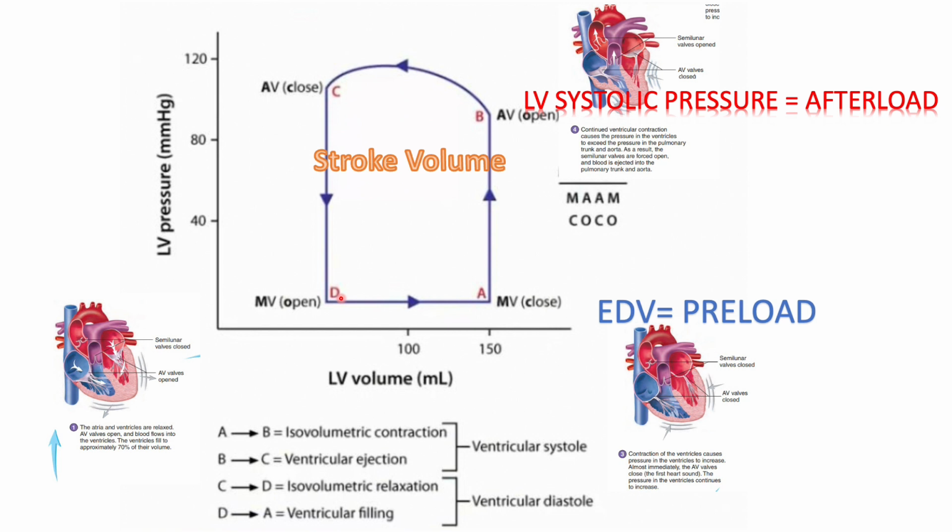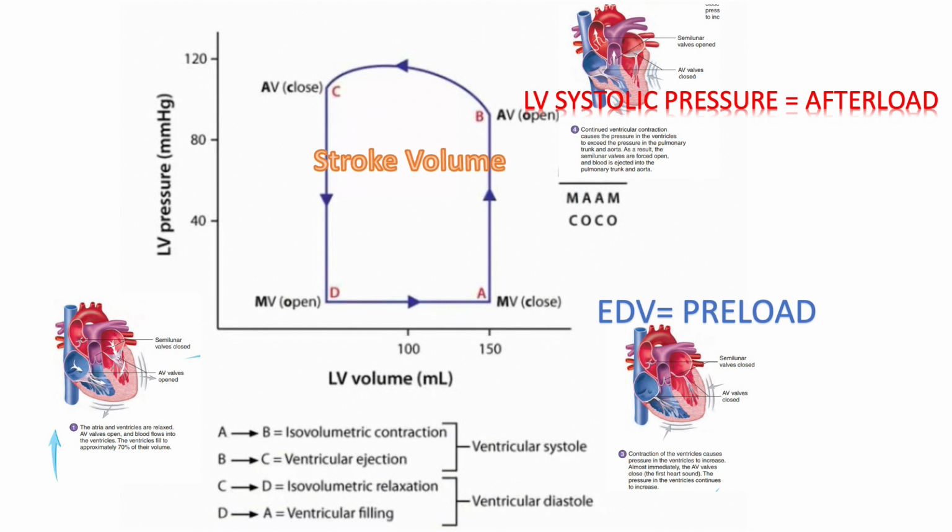Now, a very important parameter here you have to consider, guys, is stroke volume. This is the volume of blood pushed out per beat. You can see here that as I move this way, I'm emptying the blood that I filled during diastole, and I'm now emptying it in systole. The width of this curve is the stroke volume.